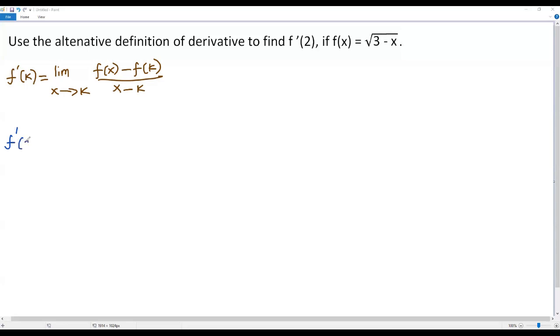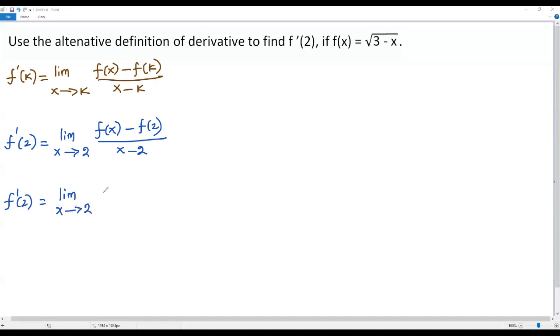So f prime of 2 equals the limit as x tends to 2 of f of x minus f of 2 over x minus 2. In the next step, for this f of x, we know it is the square root of 3 minus x, so we can plug that in.